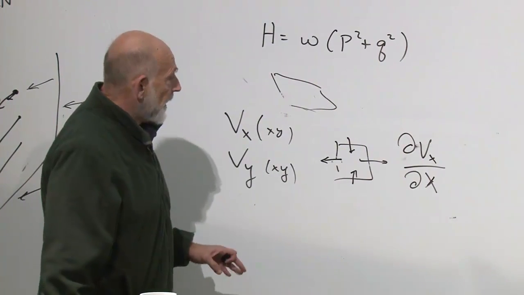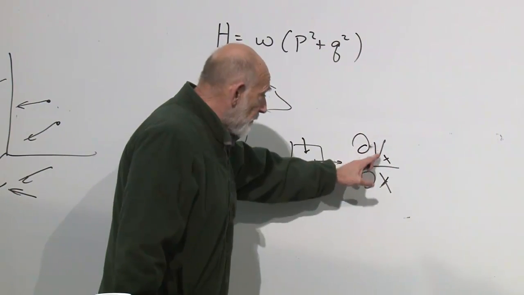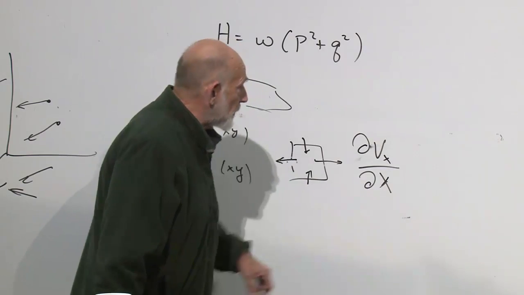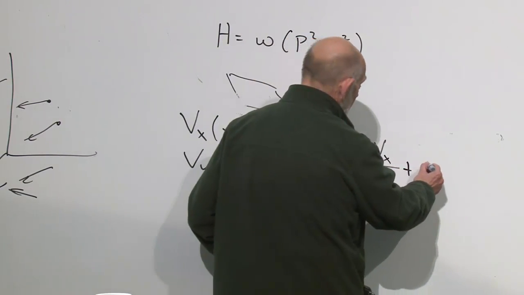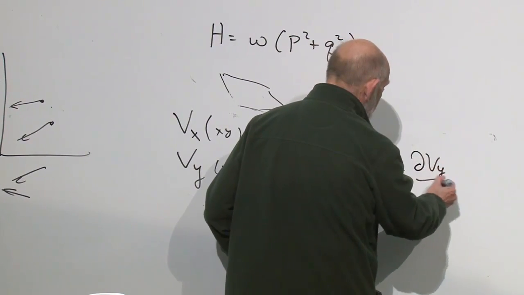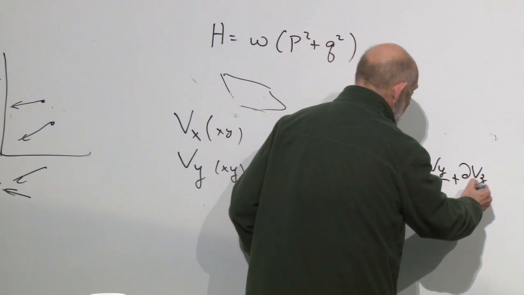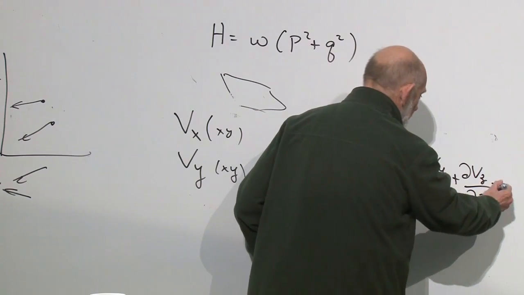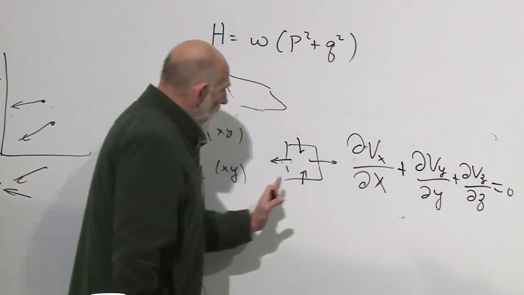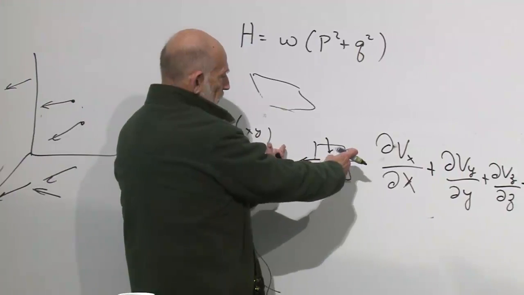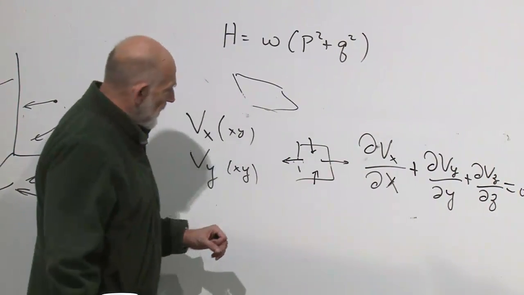that the condition that it's incompressible is not that the derivative of Vx with respect to x is equal to 0, but that the sum of them, the derivative of Vx with respect to x, plus the derivative of Vy with respect to y, plus the derivative of Vz with respect to z, is equal to 0. The first term measures how much compression there is along the x-axis.